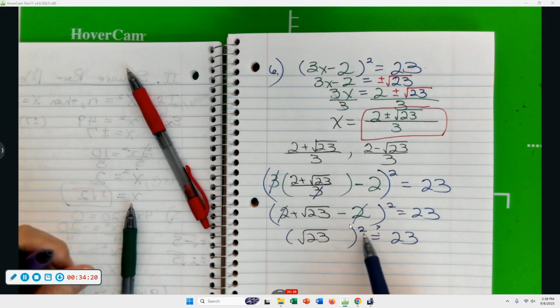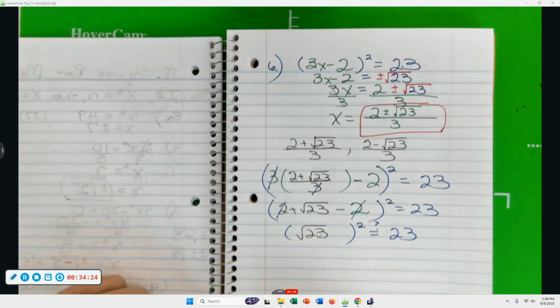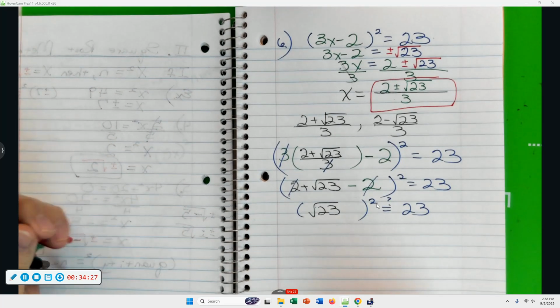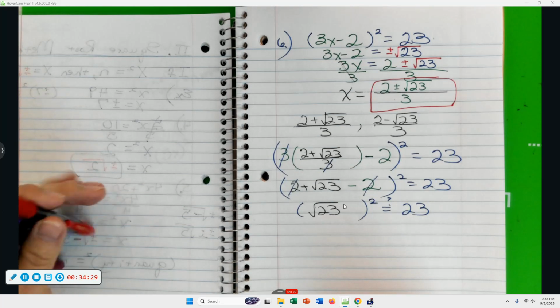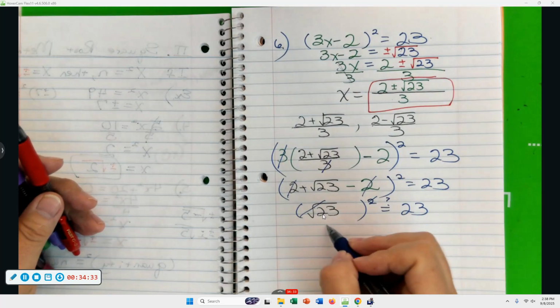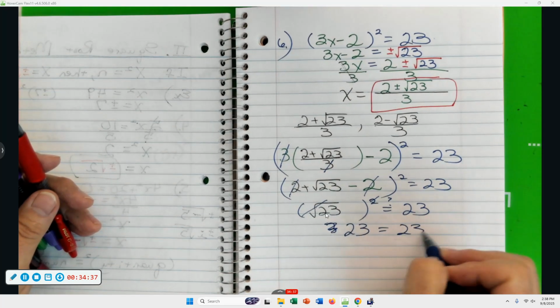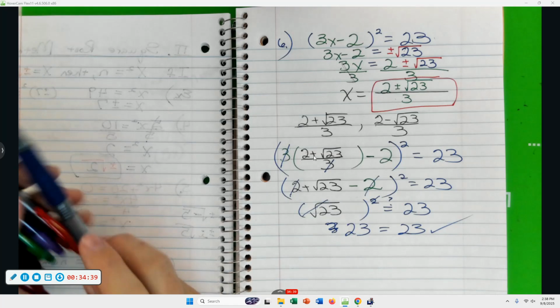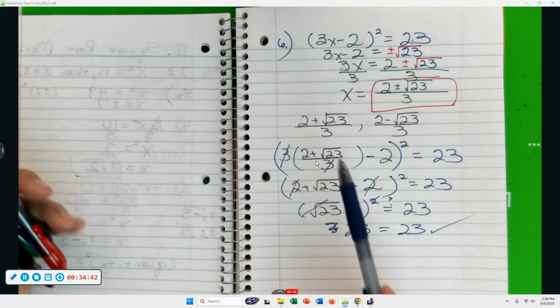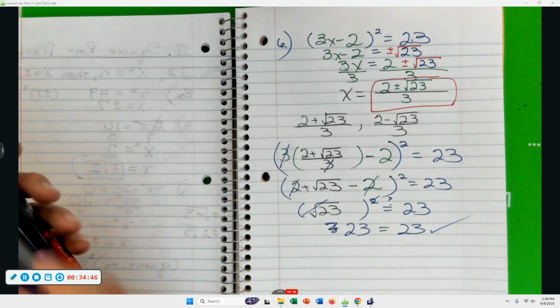That's a concept that's going to follow us all semester long. They cancel each other out, so all you're left with is 23 equals 23. And if you had put a minus here, the negative would have been squared to still give you a positive 23.